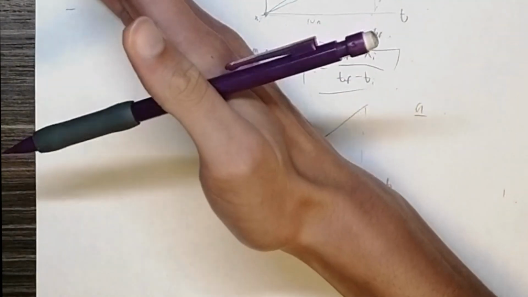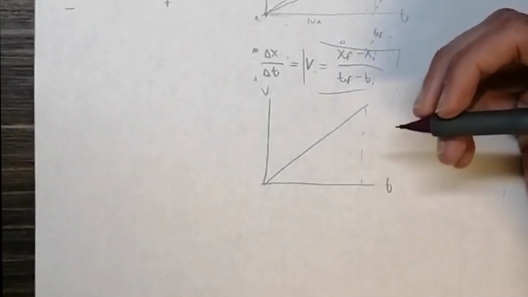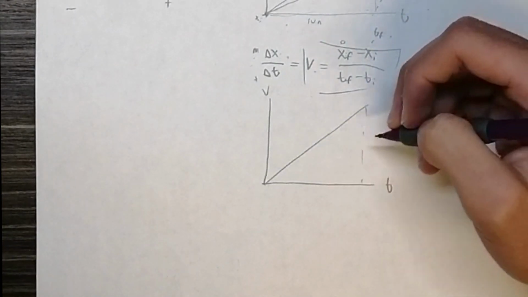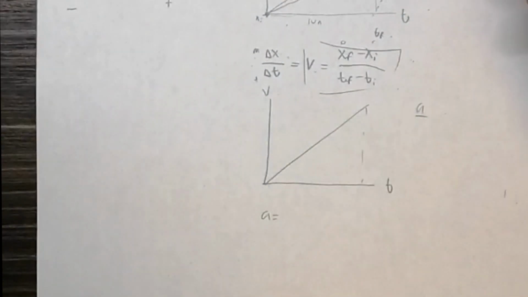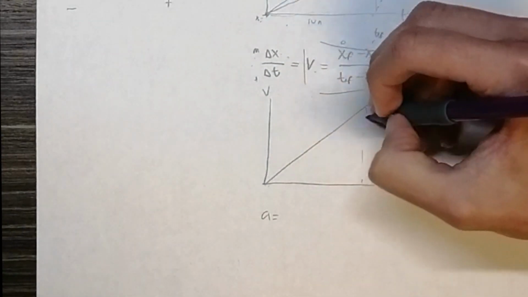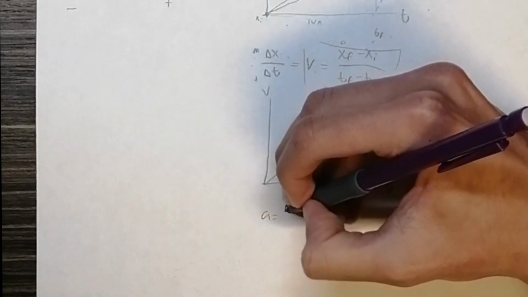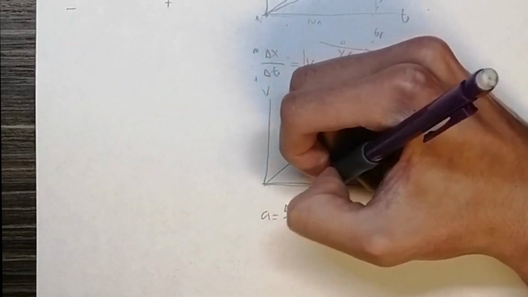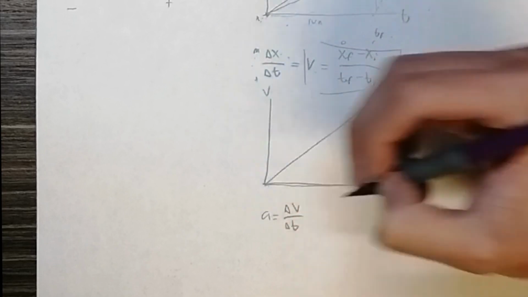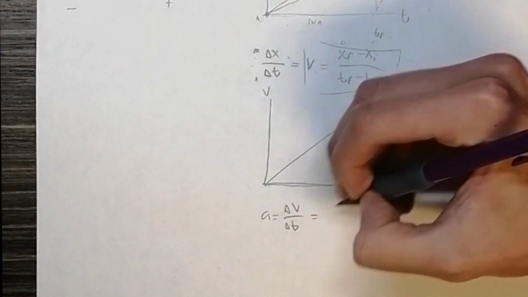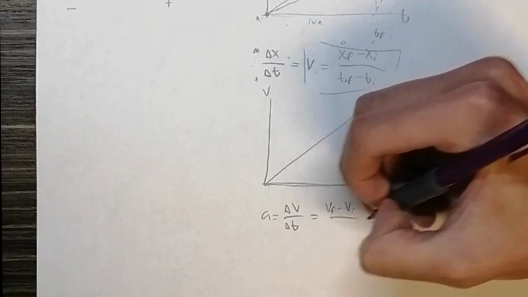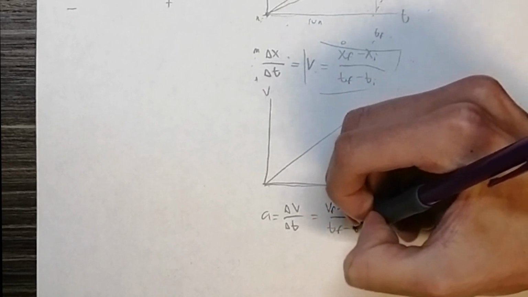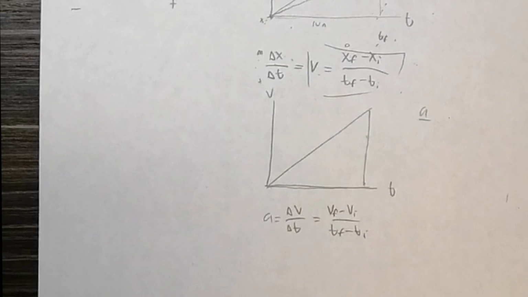How fast is the block moving faster and faster. So this acceleration will be equal to the change in speed over the change in time, rise over run, which is also equal to v final minus v initial over t final minus t initial, and that's the acceleration.